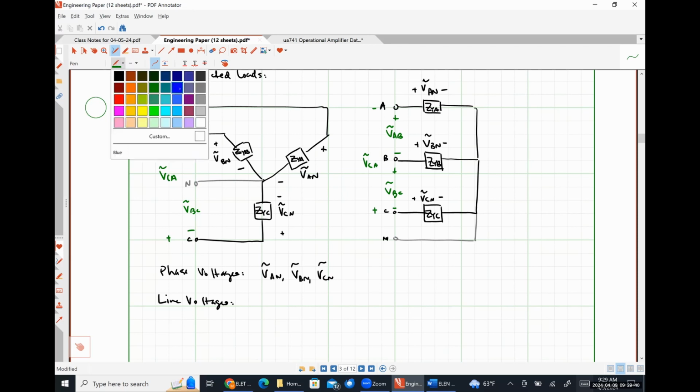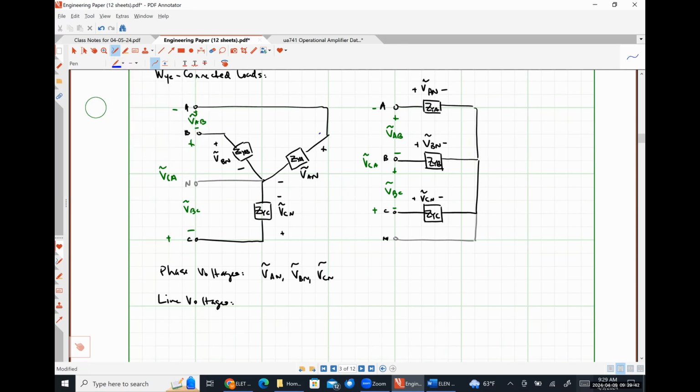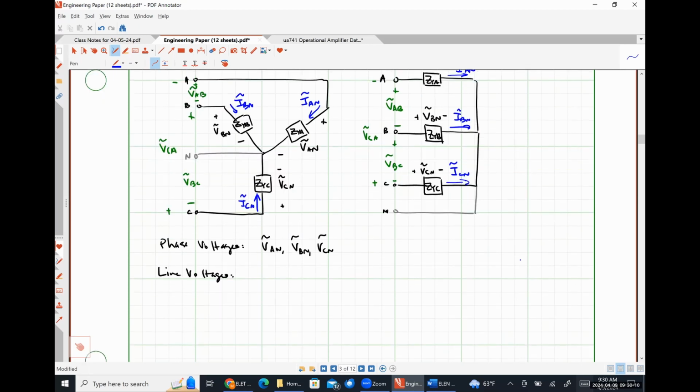And now for our phase currents. IAN, IBN, ICN, like so. And let me write those down.